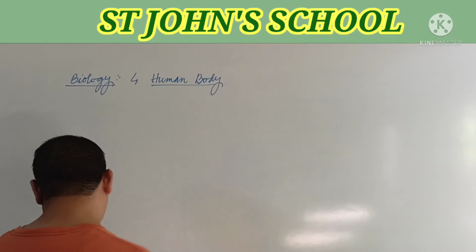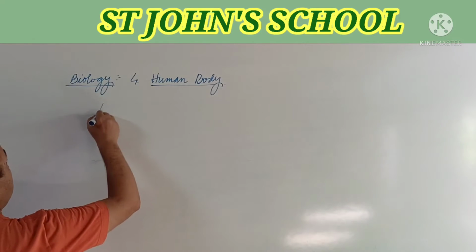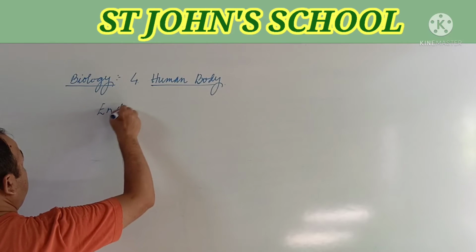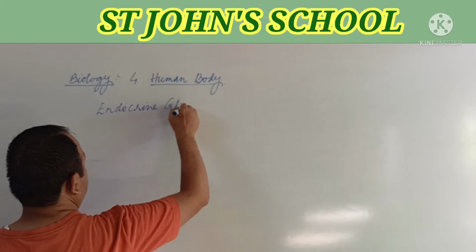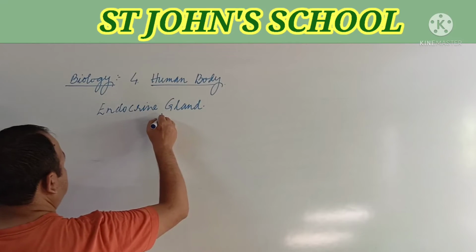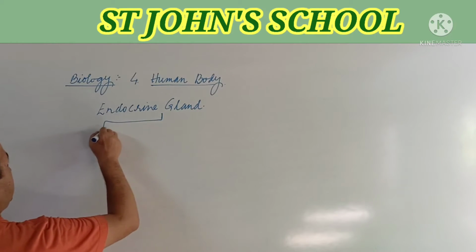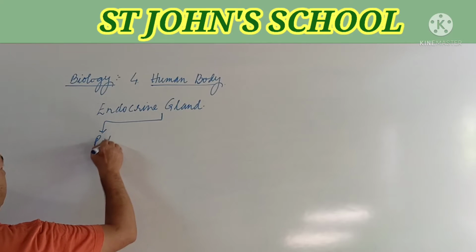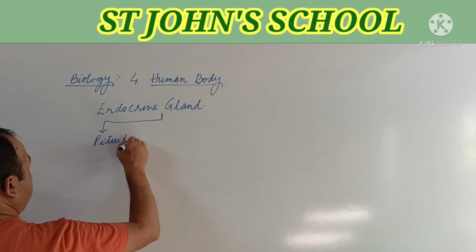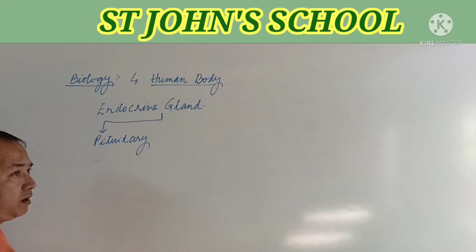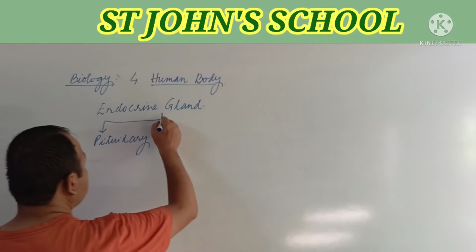So, the endocrine glands about which we need to study in this chapter are: first comes pituitary gland. Pituitary gland is present at the base of the brain.